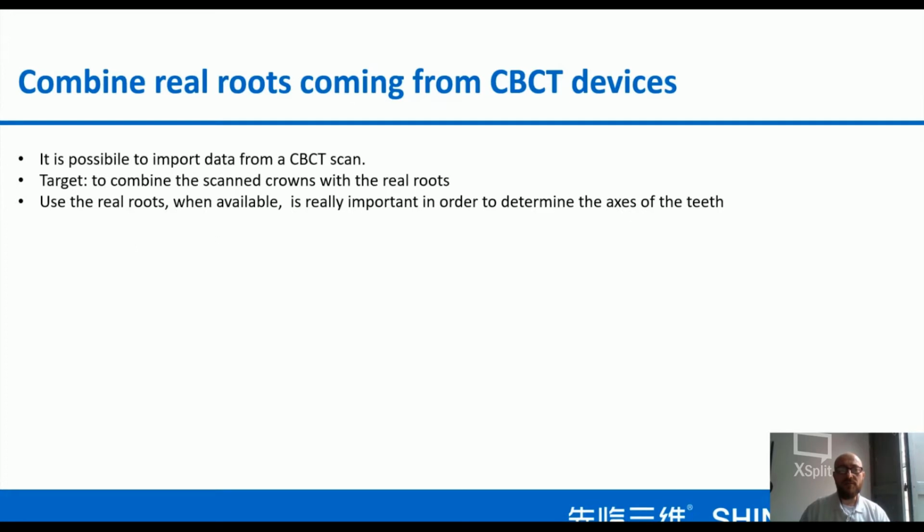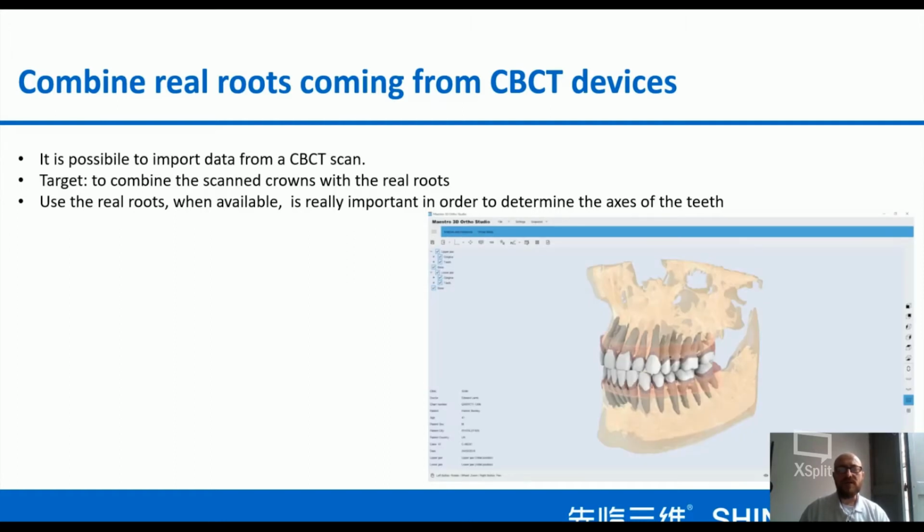But you can import the acquired surfaces and combine the scanned crowns with the real roots. When they are available, it's very important to work with the real roots in order to determine the real axis of the teeth.